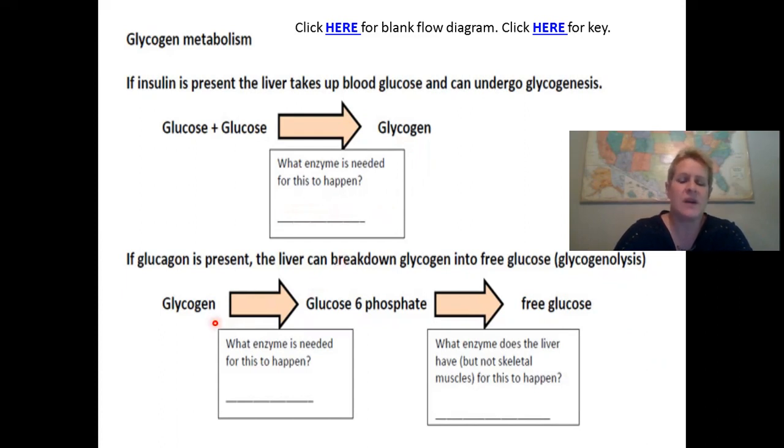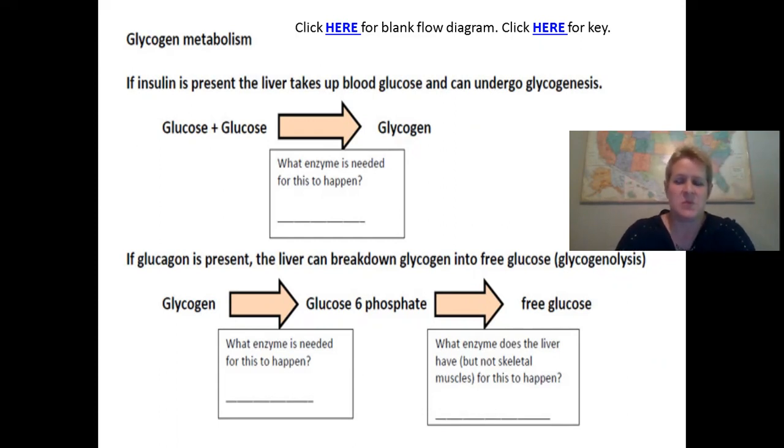Okay, down here for breaking down glycogen or glycogenolysis, the first breakdown involves the letter L in front of the A's, phosphorylase, and it's going to have glycogen in front of it because glycogen's being processed. It's glycogen phosphorylase. And then over here, this is where the T comes before the A's, and it's got the word glucose 6-phosphate in it. It's glucose 6-phosphatase, which turns this intermediate glucose into free glucose. So I recommend practicing this flow diagram because I'm definitely going to ask you on a future exam. You need to know these enzymes.